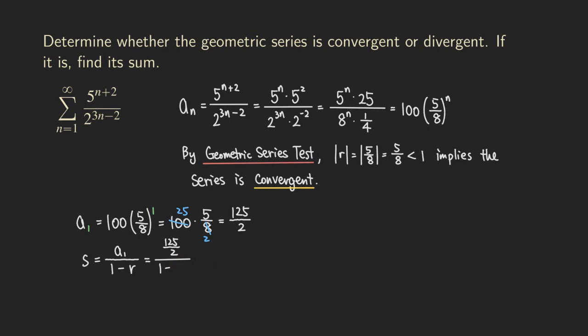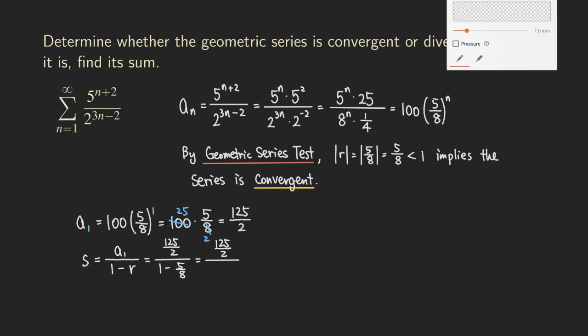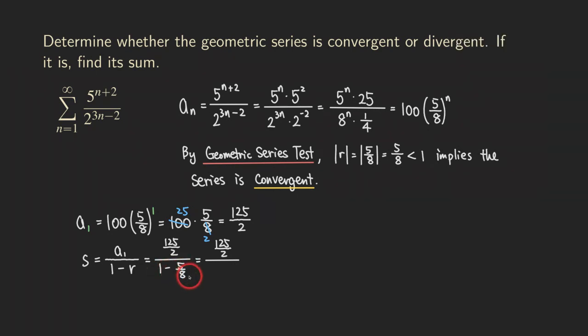So we put that here. Okay, this looks like a messy expression, but it's actually not too bad. So we have 125 divided by 2, and then divided by 1 minus 5 over 8 in the denominator. So we're going to get 3 over 8.